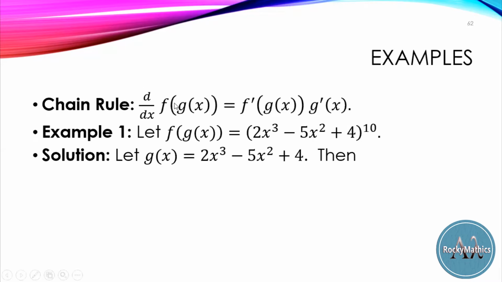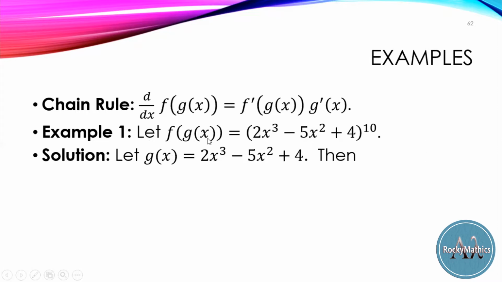So in the chain rule, what is needed is f prime of g of x and g prime of x. So all we have to do is let our g of x. What is our g of x? It is the function that is in the innermost of another function. So in this case, our g of x is equal to 2x cubed minus 5x squared plus 4.